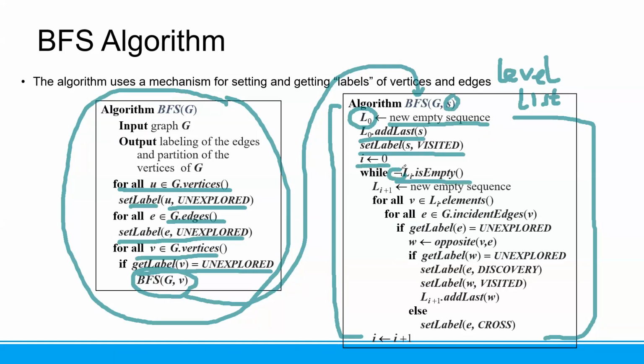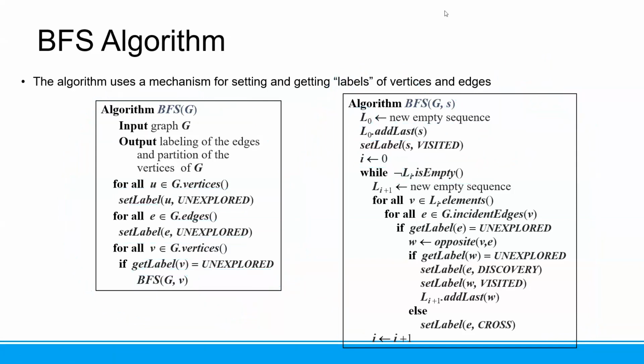Do you know what this symbol is? In pseudocode, this means not. If Li is not empty, with i equals 0, so if L0 is not empty, because to L0 we just added one vertex, which is S, so it is not empty, then we make Li+1 a new empty sequence.